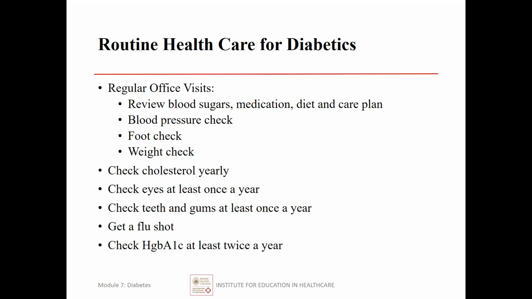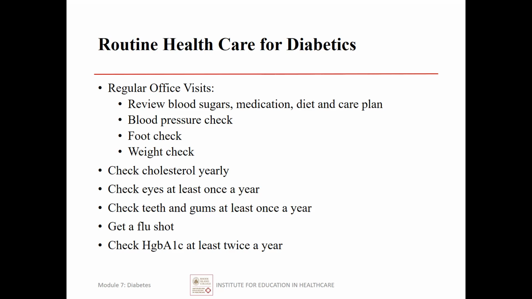And in these regular office visits, which once the diabetes is under control, many people have every 3 months, the doctor will review the patient's blood sugars, their medication and the levels of their medication, their diet, and their care plan in general. They'll do a blood pressure check. They'll do a foot check to see if there's any breakdown of the skin integrity anywhere on the feet, and a weight check.